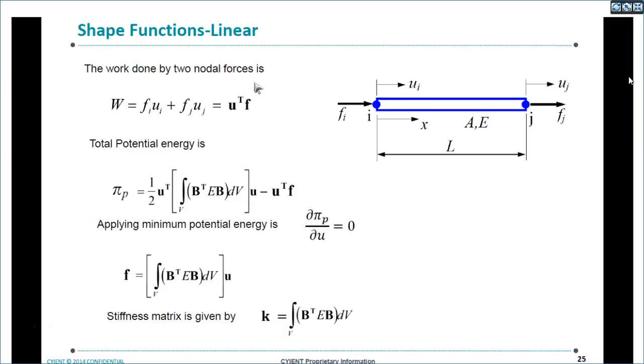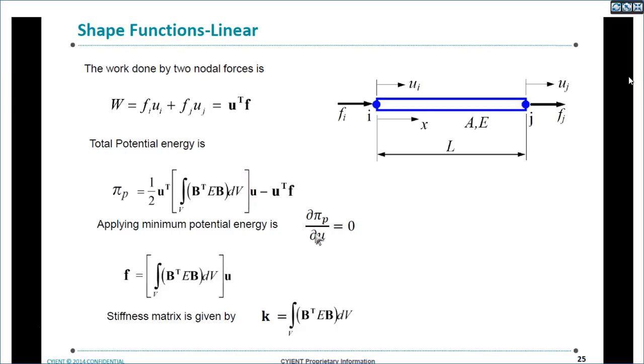So work done by the two nodal forces is given by Fi into displacement Ui plus Fj Uj, where Uj is a displacement. Into this integral factor, U minus U transpose and force.